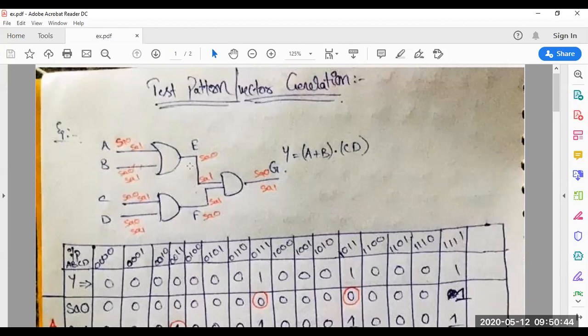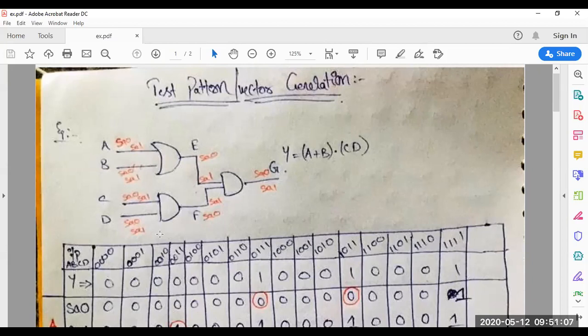For these 14 faults, we are going to find out the test pattern generated and the good notations in the test pattern generator. Vectors will be identified. Let me treat the total of 4 inputs A, B, C, and D, each with stuck at 0 and stuck at 1.